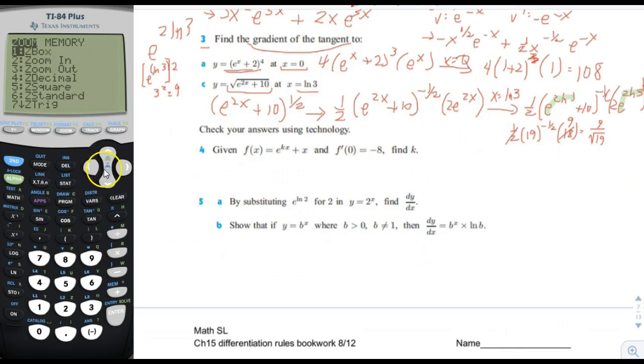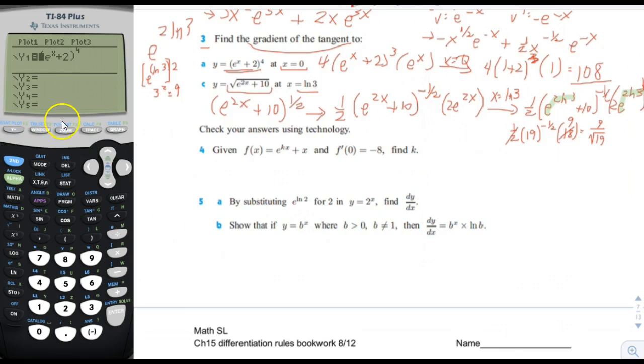Okay, let's do a zoom fit. Okay. And let's find what is the derivative at x equals 0. The way we do that is second calc dy dx, and then we type 0. And it says it's 108. Hey, that's exactly what we got. So checking with technology, 108 happens to be correct.